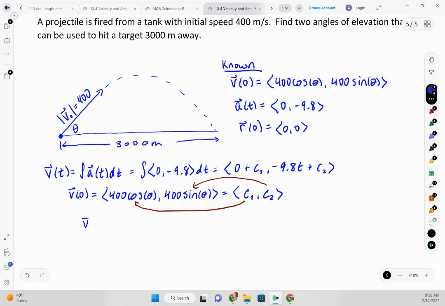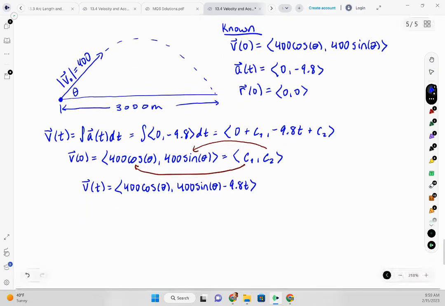So our velocity vector has components 400 cosine of theta and 400 sine of theta minus 9.8t. I know we don't know what theta is, but that's something we're trying to find by using the information they've given us.